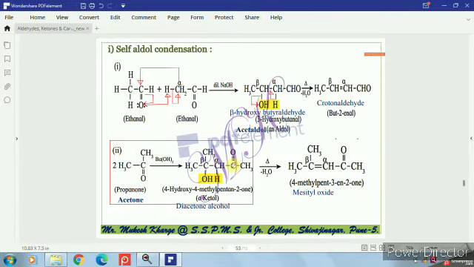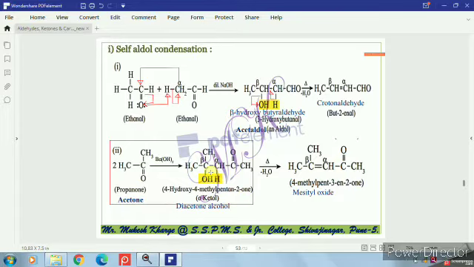If you write the numbering 1, 2, 3, 4, 5, so it is a beta hydroxy ketone, and in total there are 5 carbons, so pentane, then C double bond O is present on the second carbon, so it is a ketone, so pentan-2-one. Then the fourth carbon contains methyl and OH, so 4-hydroxy-4-methylpentan-2-one.